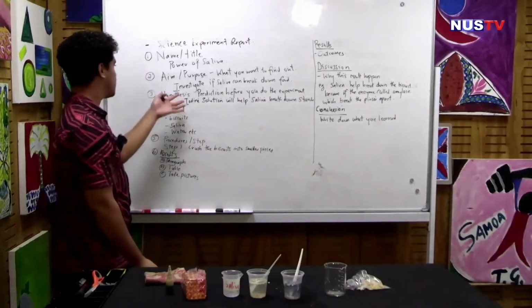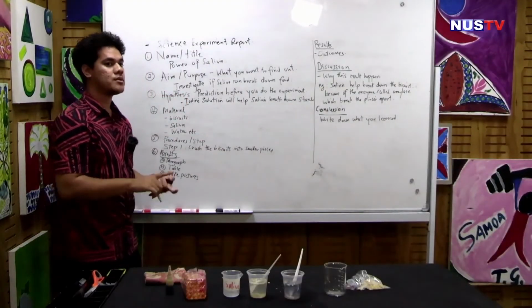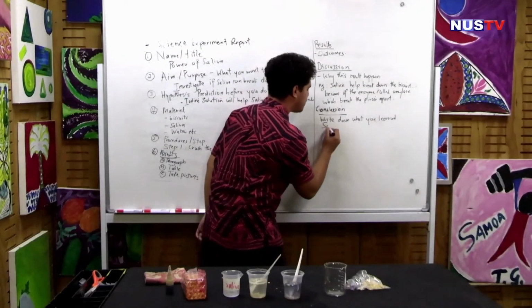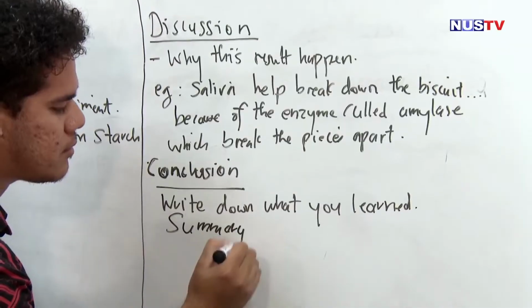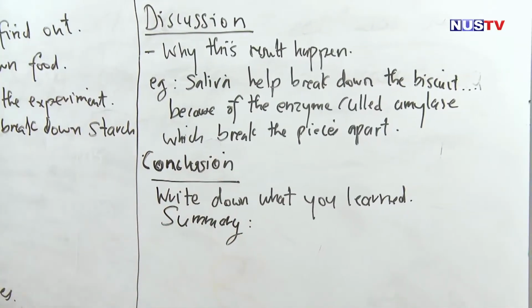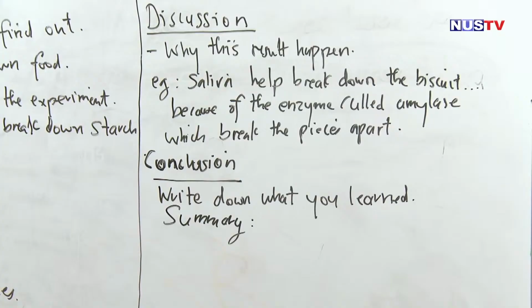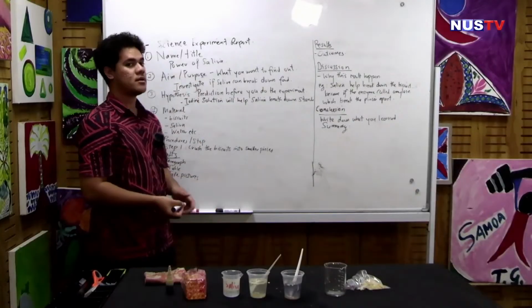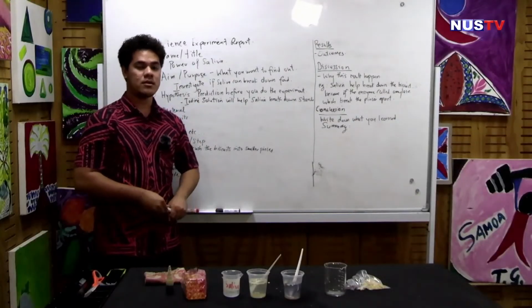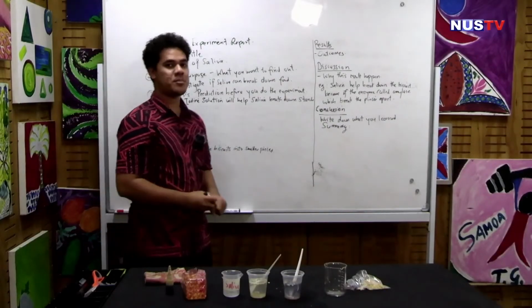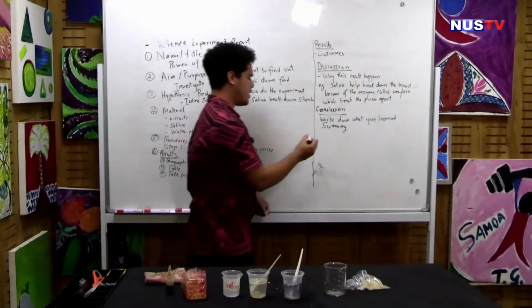Everything that you have learned from this experiment, your results, and your discussion, you make a short summary saying that this is what you have learned from this experiment. This is the format that you will follow if you want to do a science experiment. If you follow all of this, I'm sure that you will have a very clear, professional and scientific report to write.